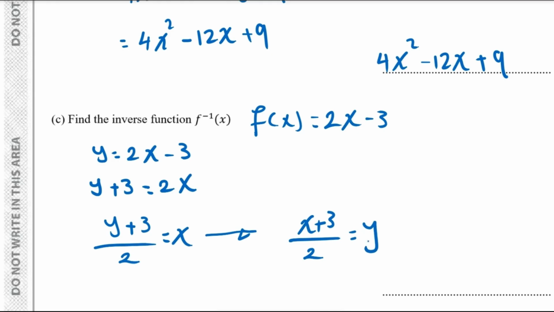So this is the easiest way to get the inverse function. Some students prefer the other way to do the inverse function, but I believe change of subject, you are strong at it. So this is quite easier, so we can write the final answer as f minus 1 x equals x plus 3 over 2.